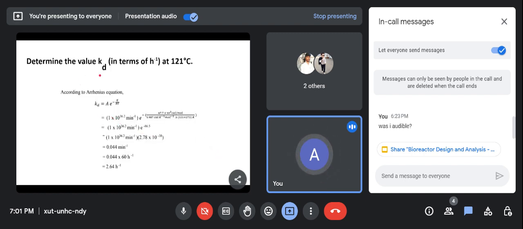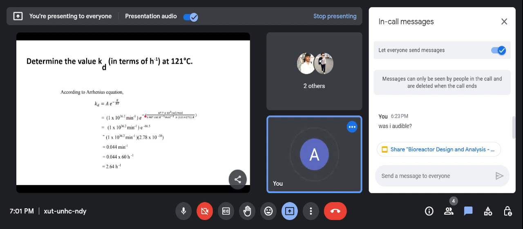You have to determine the rate constant of death in terms of per hour at a temperature of 121 degrees Celsius. In this case, a temperature is given to you. So according to our Arrhenius equation, kd is equal to A times e to the power of minus E by RT. All these values are known to you. You know the value of A, which is 1 into 10 to the power 36.2 per minute.